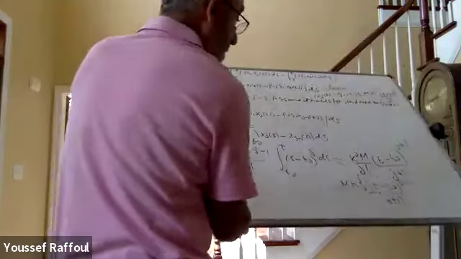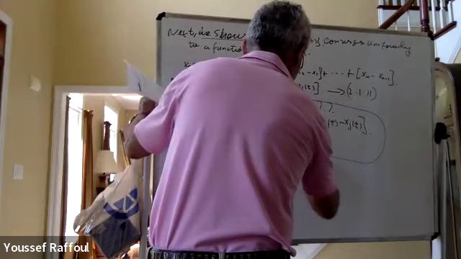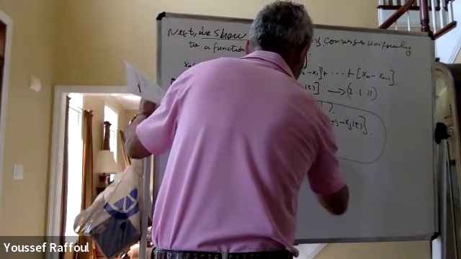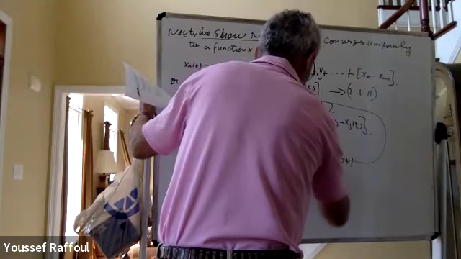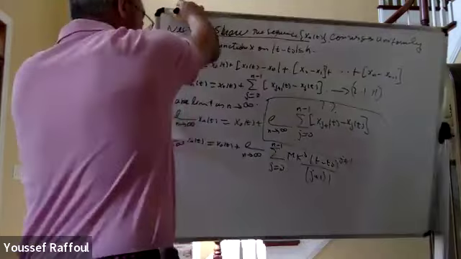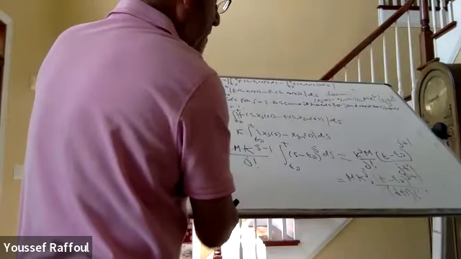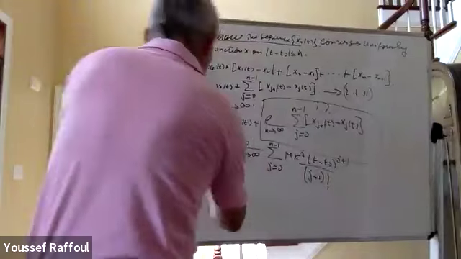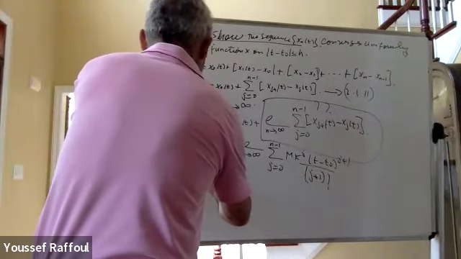Xj plus 1 minus xj is m kj times t minus t naught to power j plus 1 over j plus 1 factorial. Isn't that what I have? Guess what that is?